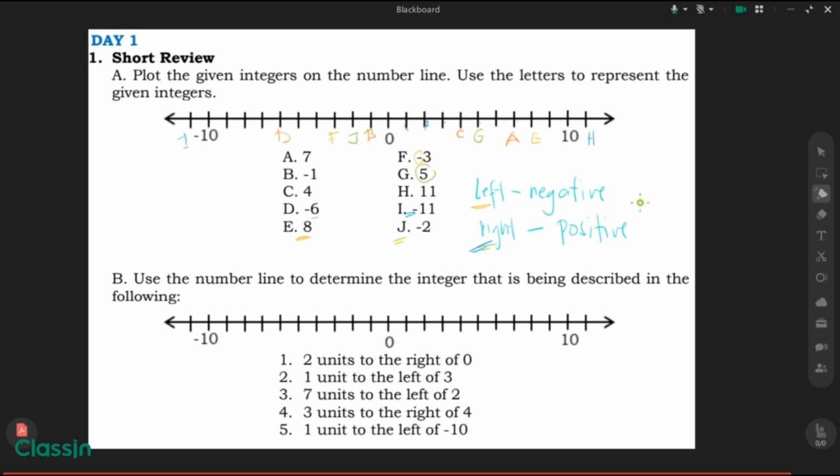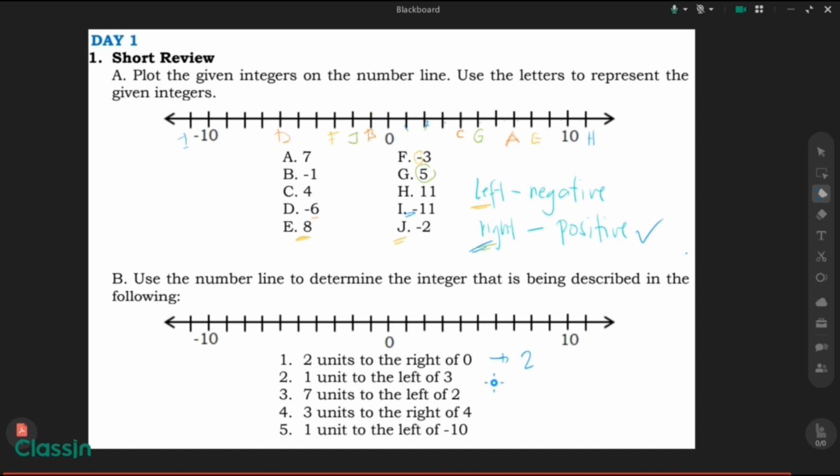What about letter B? In letter B, we need to use the number line to determine the integer that is being described in the following. So let's try number 1, 2 units to the right of 0. So what is the answer? Okay, so it is positive 2 because we are going to move to the right, so it means positive.